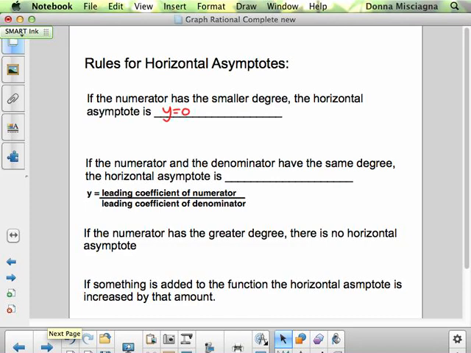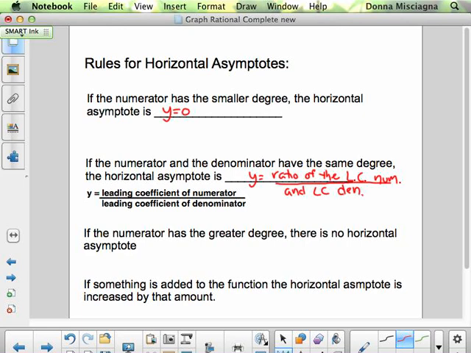If the numerator and the denominator have the same degree, the horizontal asymptote is going to be y equals the ratio of the LC numerator and LC denominator, where LC stands for leading coefficient.